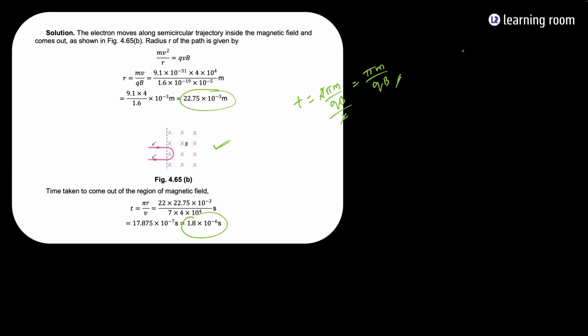See, basically, time is distance divided by speed. So pi into r, which is mv divided by qB, divided by v. v and v will get cancelled. Pi m divided by qB is the answer.